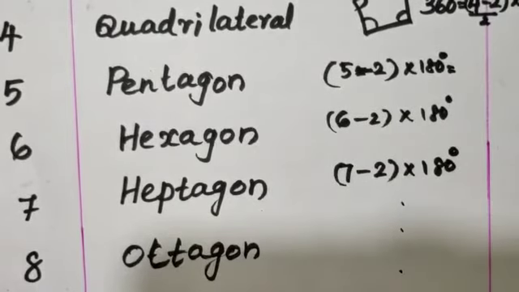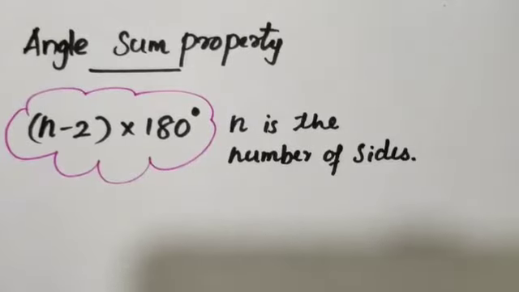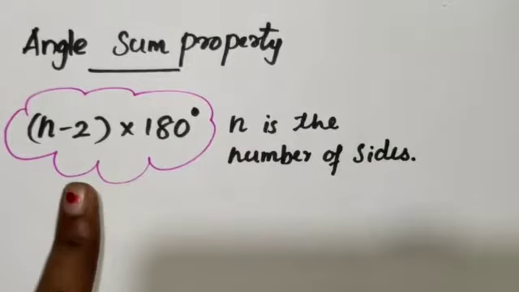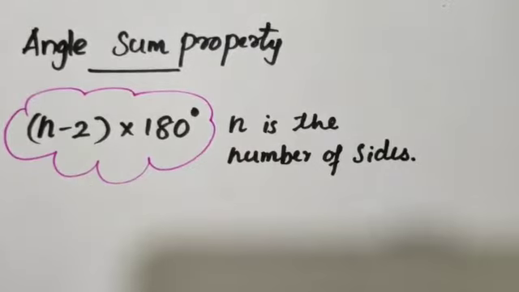Like that, we can find the sum of all angles. So, the angle sum property is (n minus 2) into 180 degrees, where n is the number of sides. We can find the sum of all angles using this formula.